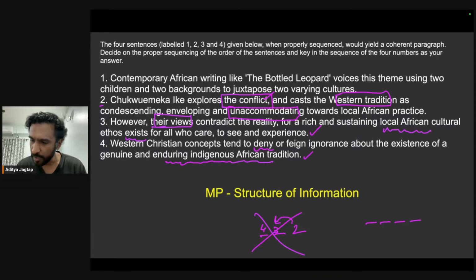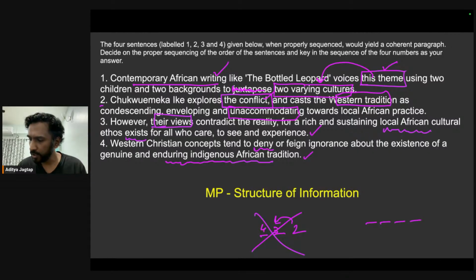Let's look at statement one. Contemporary African writing like XYZ voices this theme using two children and two backgrounds to juxtapose two varying cultures. Now, suppose you didn't know the meaning of juxtapose, which is to place them side by side and compare. You just understand from the first sentence that today's contemporary African writing voices this theme and the two varying cultures.